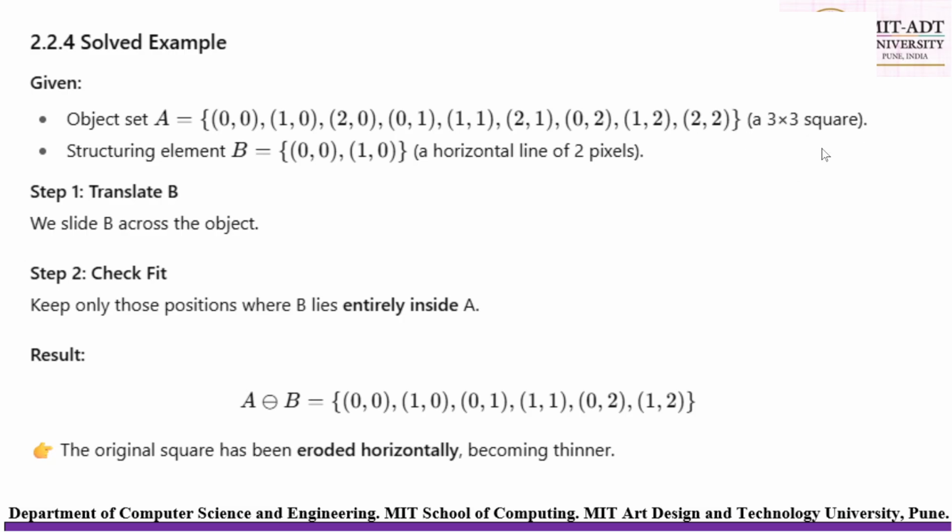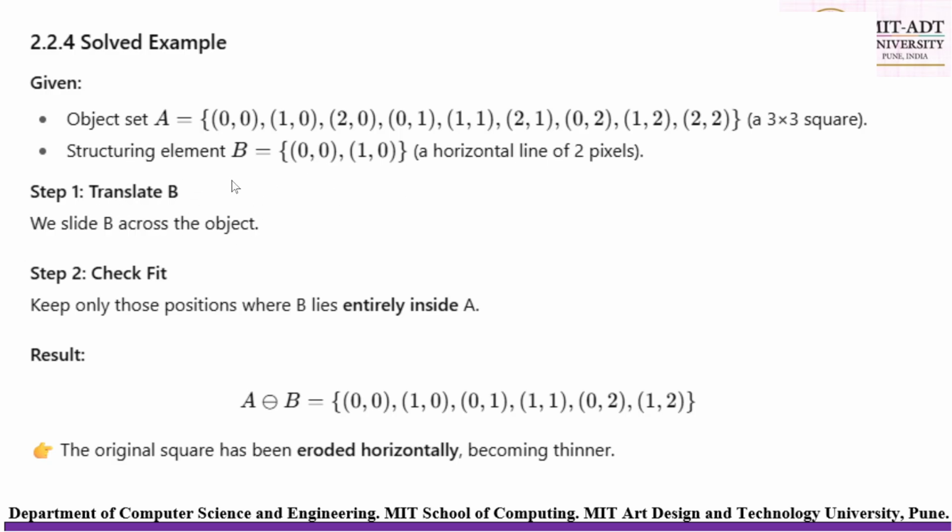So this is nothing but my 3 by 3 square, where this 3 by 3 square matrix has all values as ones. And let us say I have a structuring element which has two pixel positions, 0 0 and 1 0. So 0 0 has value 1 and 1 0 has value 1.